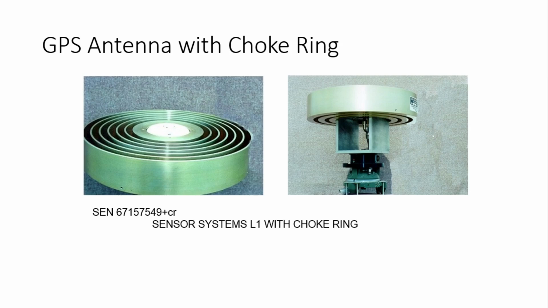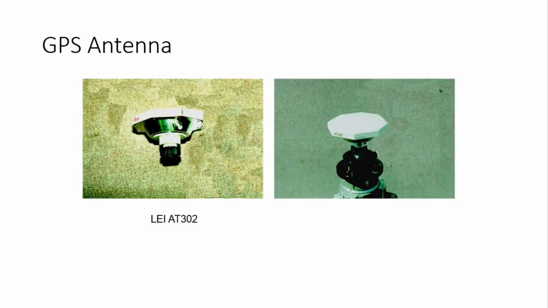GPS antenna with choke ring: there is a ring type of structure used to do the same function as explained in the earlier slide, that's why the name is given GPS antenna with choke ring. This is another structure of GPS antenna which is used to catch the signal and provide it to TV and radio receivers or our mobile phones.